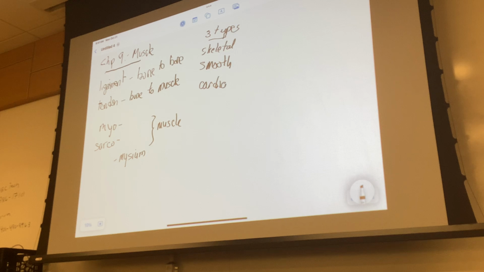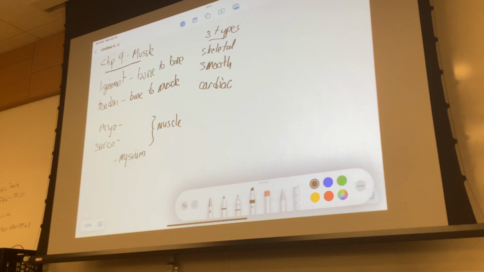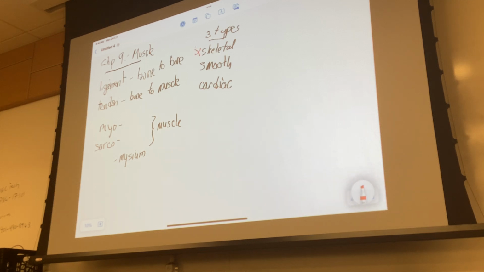In terms of this lecture series, we're talking about muscle tissue in general, but what we're really focusing on is skeletal muscle tissue. When I get done with skeletal muscle tissue, just like in the tissue section when we got to nervous and muscle tissue, I skipped over nervous and muscle tissue in chapter 4. When I get to cardiac and smooth muscle, I'm going to skip over that because that's a topic for AMP2.